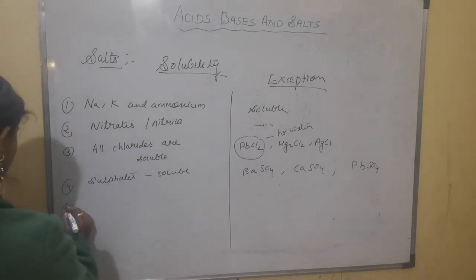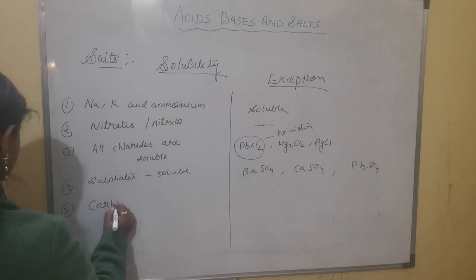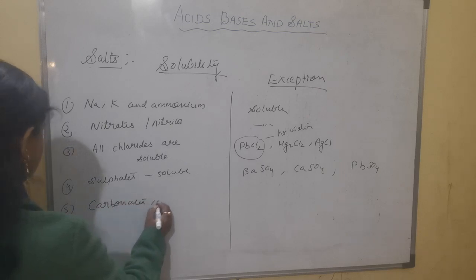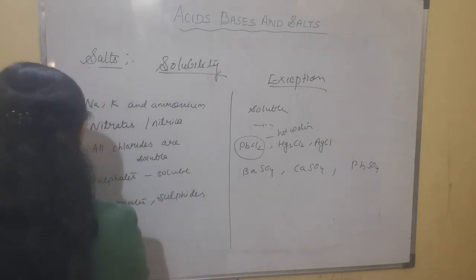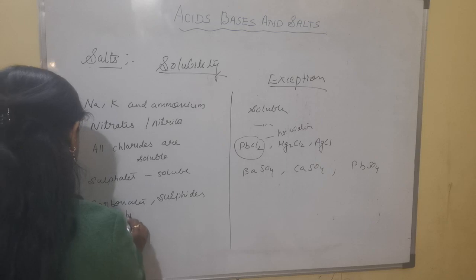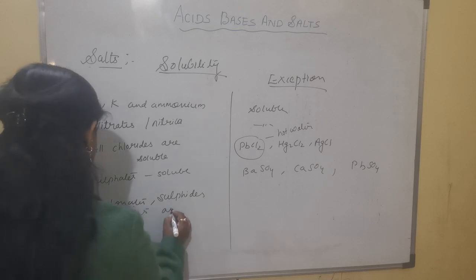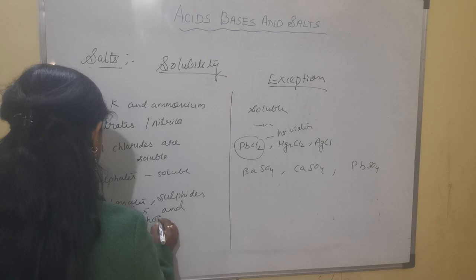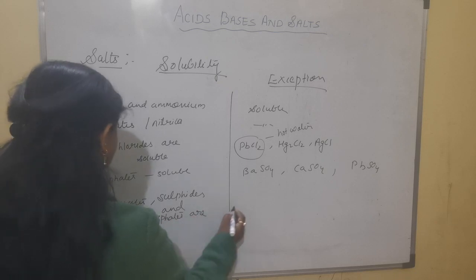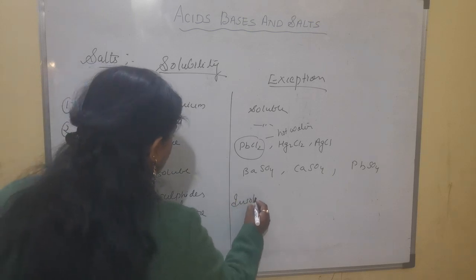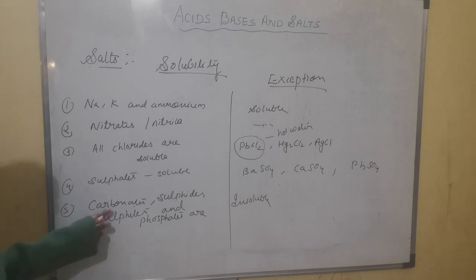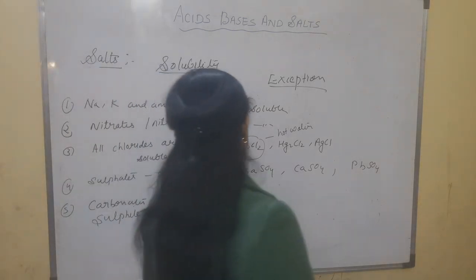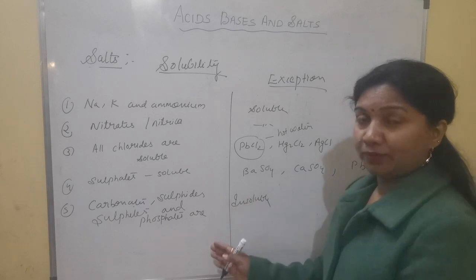And fifth, all carbonates, sulfides and phosphates are insoluble. So what will be the exception over here?